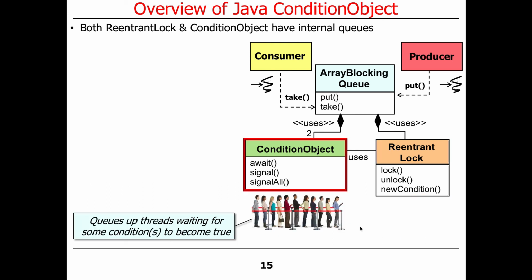Likewise, condition objects also have a queue, and that's a queue of threads that are waiting for some condition to potentially become true. That's like the pizza delivery example I gave you, where you have a queue of pizza delivery people waiting to get a pizza and get the keys to the truck so they can deliver the pizza. So again, different queues, but they both have queues. The queues are implemented somewhat differently, but they do more or less the same sort of thing.